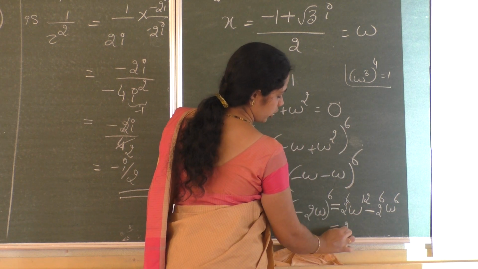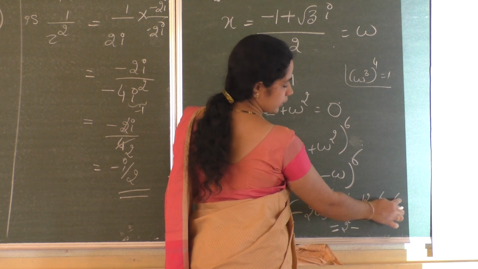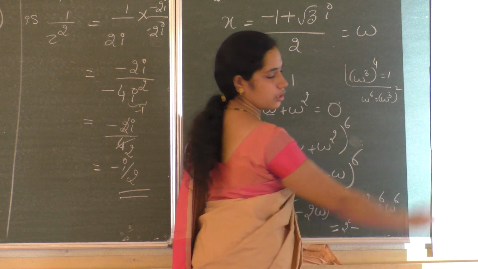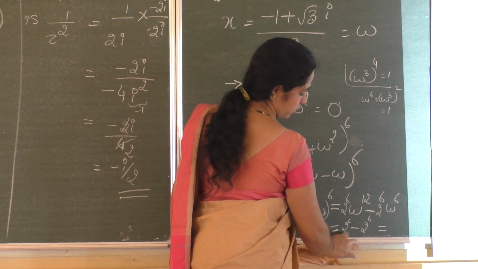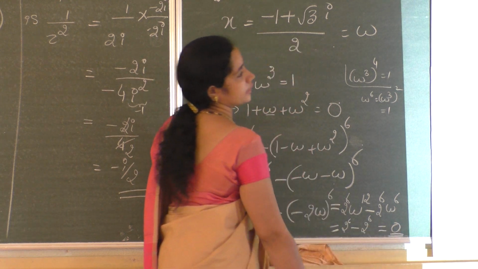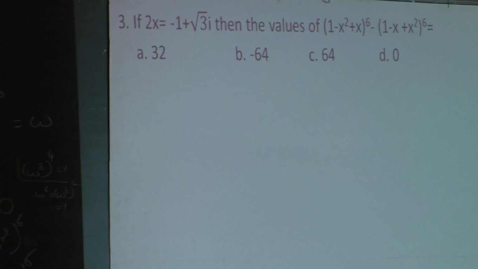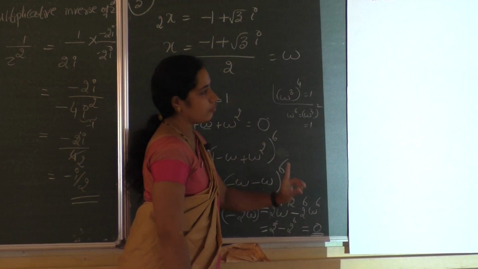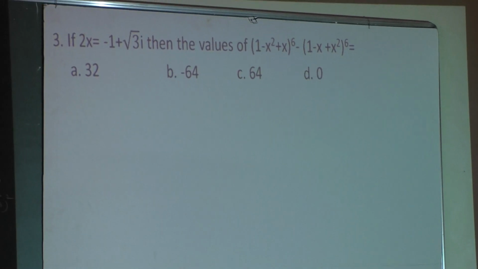Omega to the power 6 can be written as omega cube square, so it is also 1. So it is 2 to the power 6 minus 2 to the power 6, so the value is 0. Here if you want you can solve this, but no need because it cancels. The value reduces to 0. Option D then.